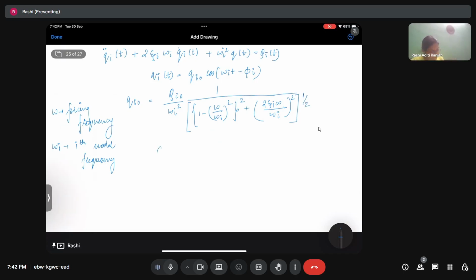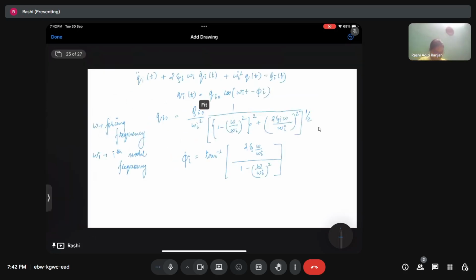Similarly, phi i, which was the phase angle, can also be found out as tan inverse of 2 eta omega by omega i divided by 1 minus omega by omega i square.